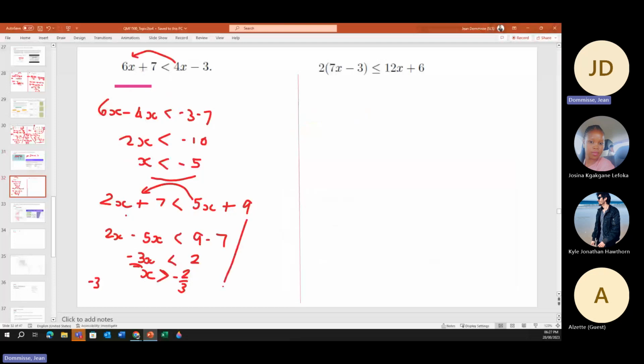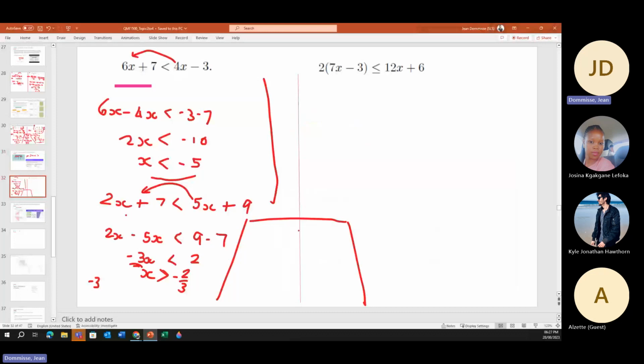What I like to do normally, and let's see, maybe if I write it down in this space, there might be enough space, is where we took that 5x over to that side.